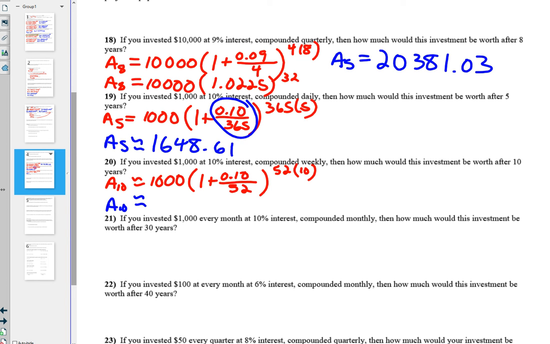Oh, because I forgot to have a 1. 0.1 divided by 52 plus 1, power 520, times 1,000. I'm getting 2,715 point either 67 or 68 if you round it. I will finish tomorrow.